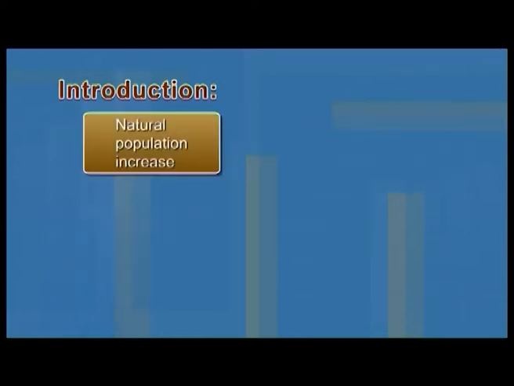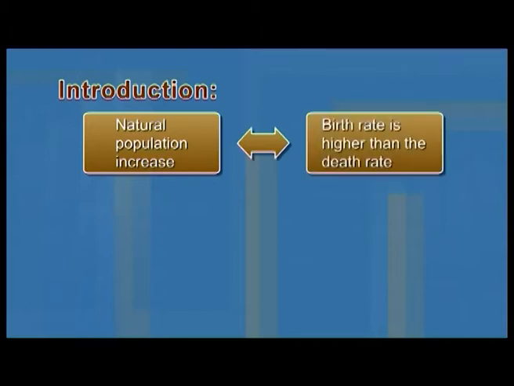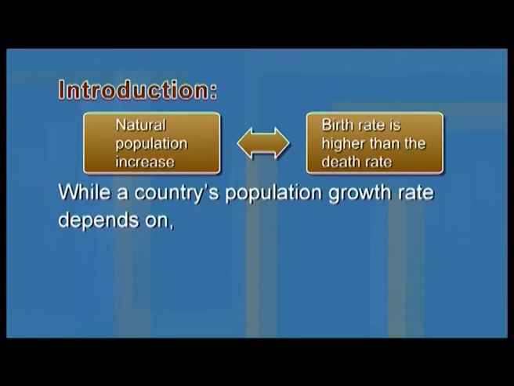A natural population increase occurs when the birth rate is higher than the death rate, while a country's population growth rate depends on the natural increase and on migration. Global population growth is determined exclusively by the natural increase.